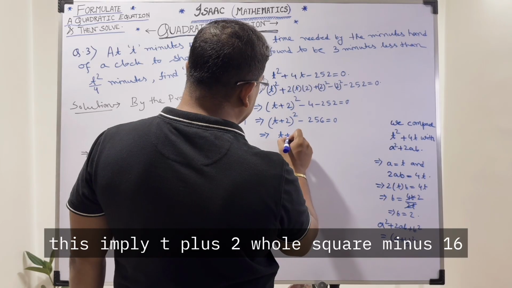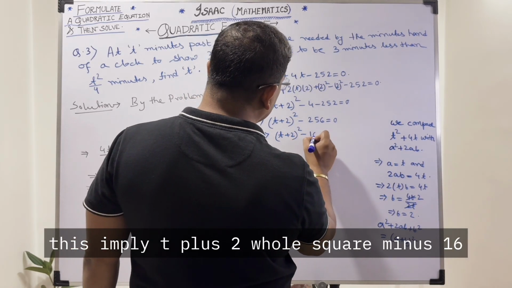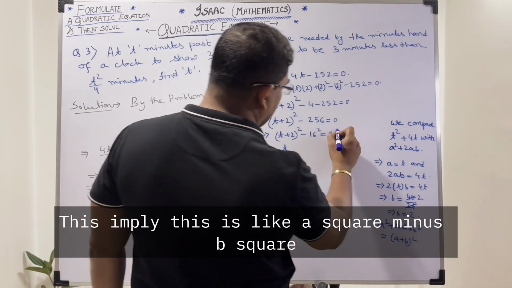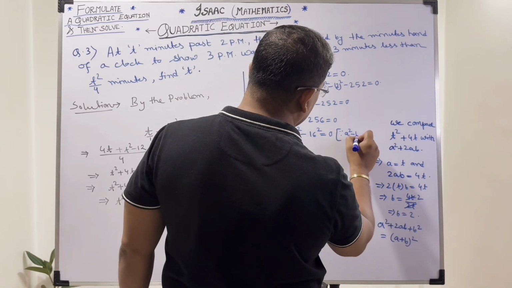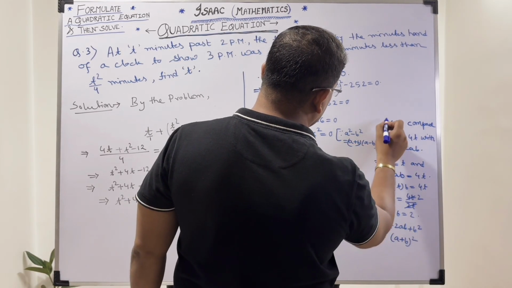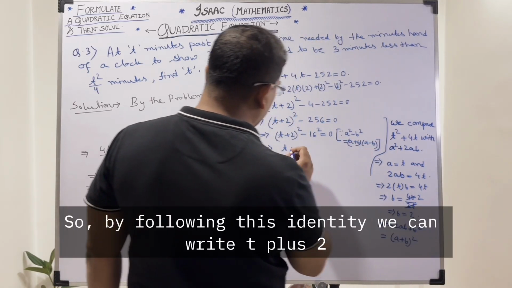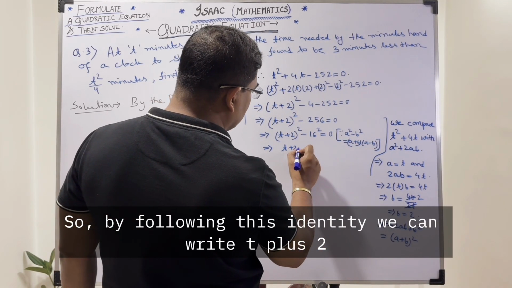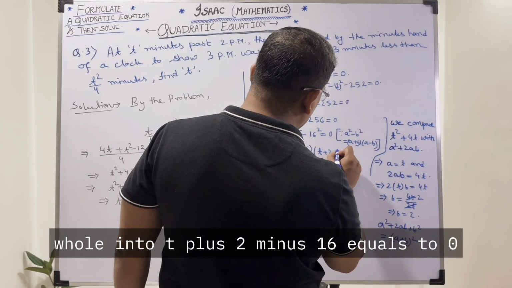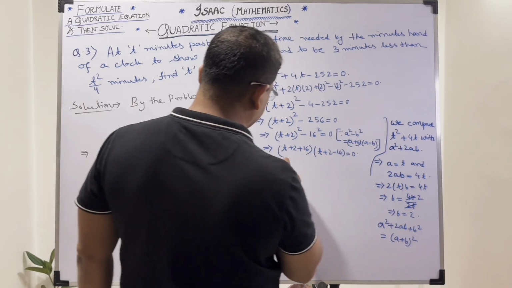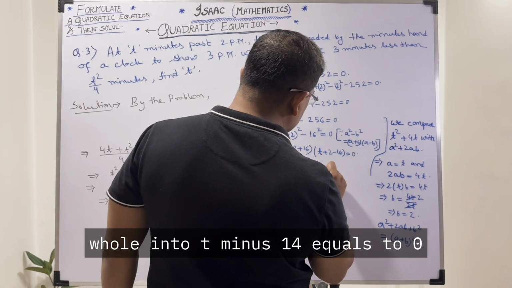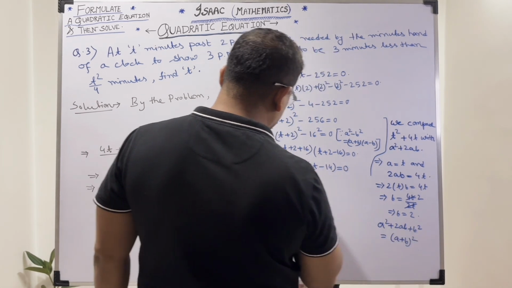This implies t plus 2 whole square minus 16 square equals to 0. This implies this is like a square minus b square, which is equal to a plus b into a minus b. So, by following this identity, we can write t plus 2 plus 16 whole into t plus 2 minus 16 equals to 0. This implies t plus 18 whole into t minus 14 equals to 0.